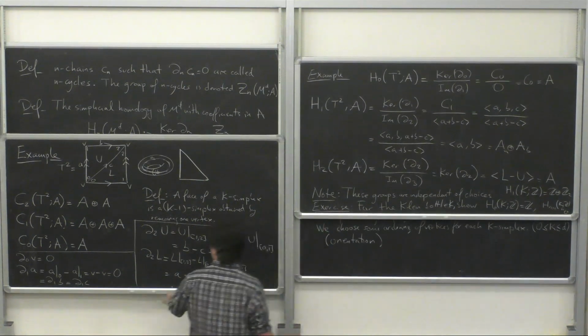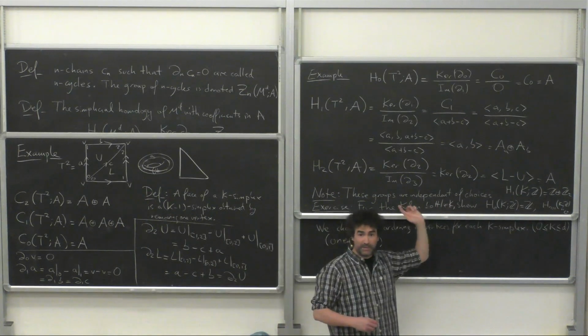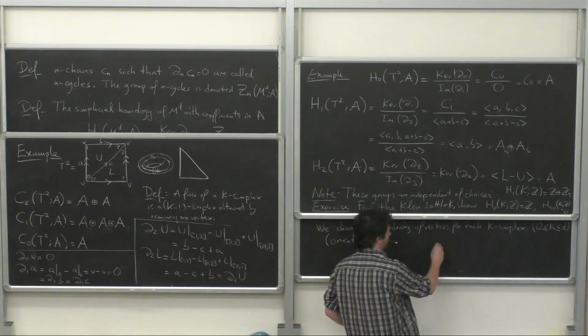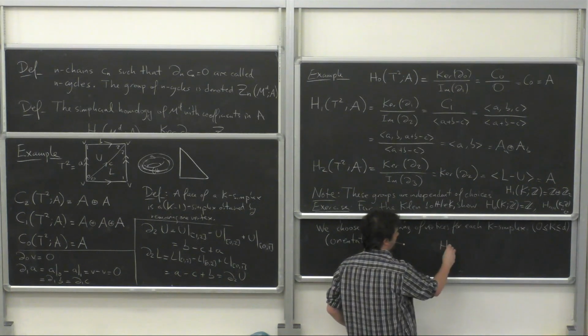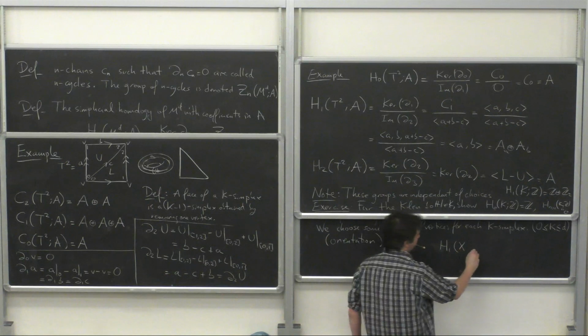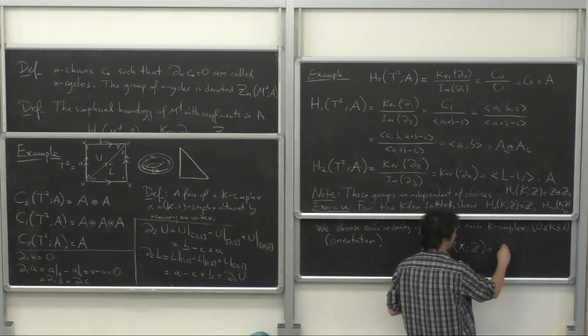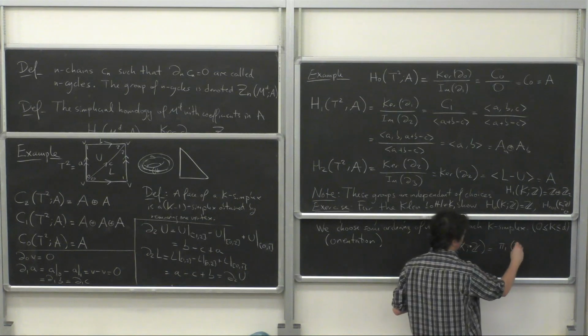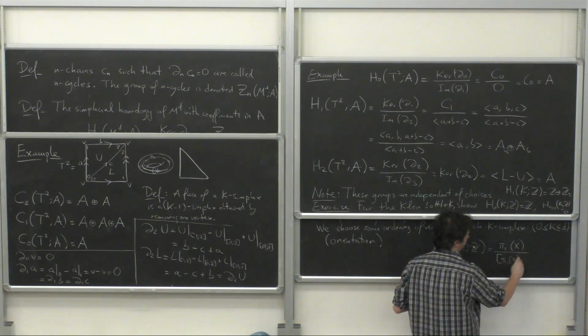Let me just write it in a corner. You can look it up in Hatcher. Probably the most useful thing in practice is that H1 of some space X, coefficients in Z, is the abelianization of pi 1. So this is pi 1 of X divided by everything in pi 1 that can be written as a commutator of things in pi 1.